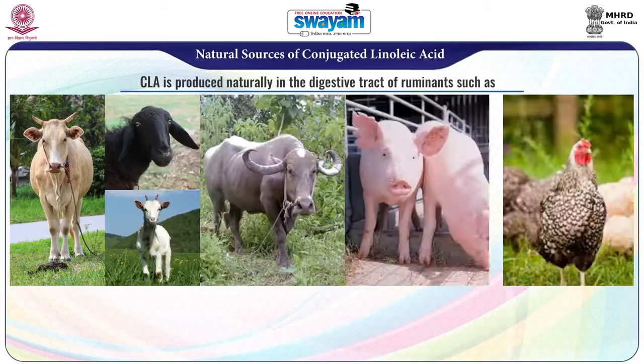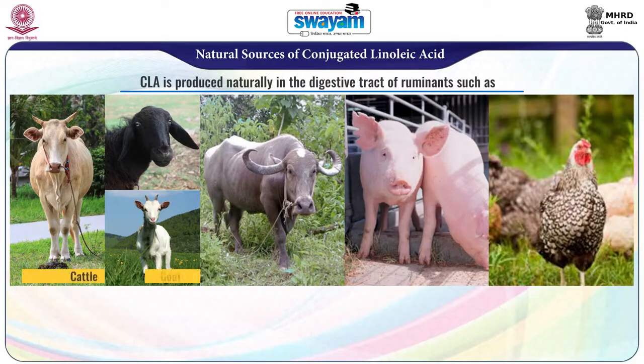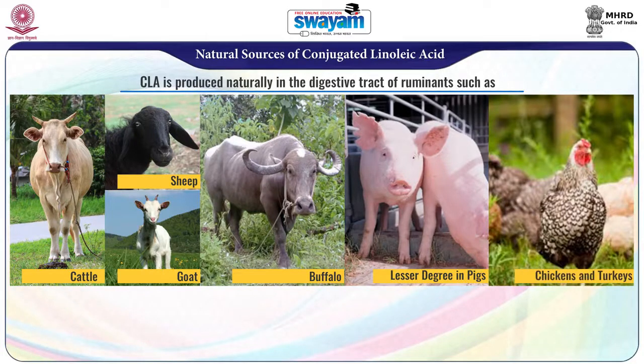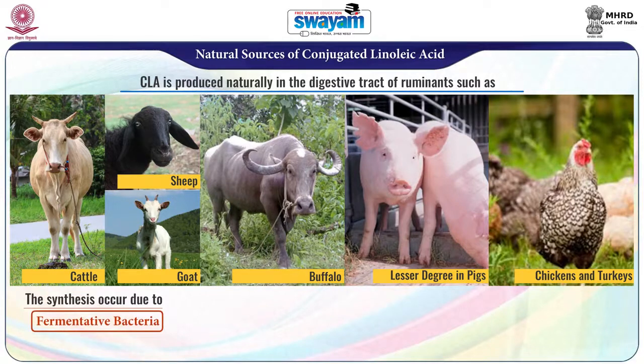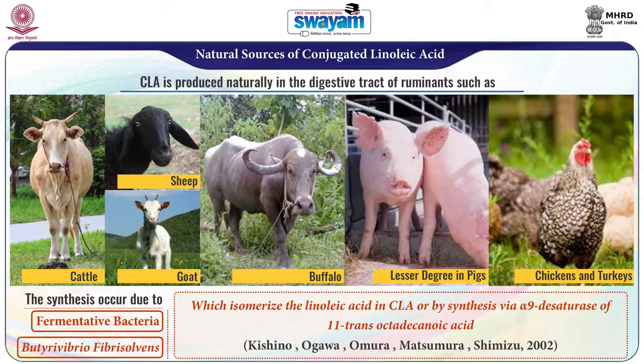CLA is produced naturally in the digestive tract of ruminants such as cattle, goats, sheep, buffalo, and to a lesser degree in pigs, chickens and turkey. The synthesis occurs due to the fermentative bacteria Butyrivibrio fibrisolvens, which isomerize linoleic acid to CLA, or by synthesis via delta-9 desaturase or 11-trans octadecenoic acid.